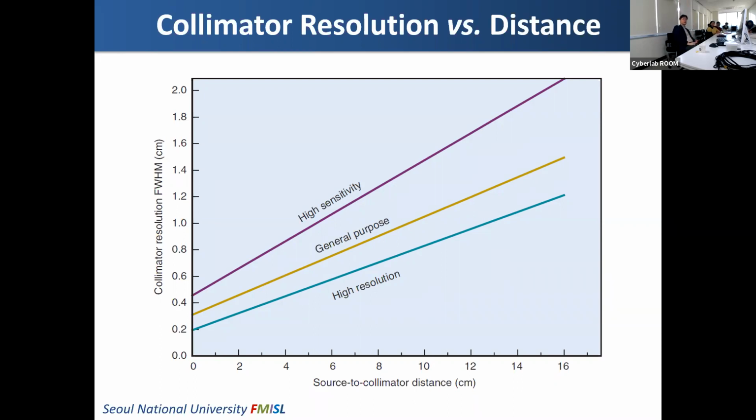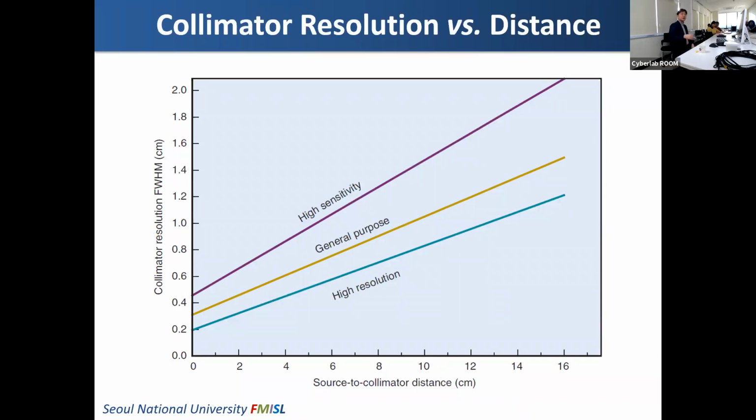For example, in a SPECT system with a high resolution collimator, the resolution just in front of the collimator is about 0.2 centimeter, but if the distance is about 10 centimeters, the spatial resolution is almost 1 centimeter. That is why we should make the distance between the collimator and your patient as short as possible, to yield better spatial resolution.